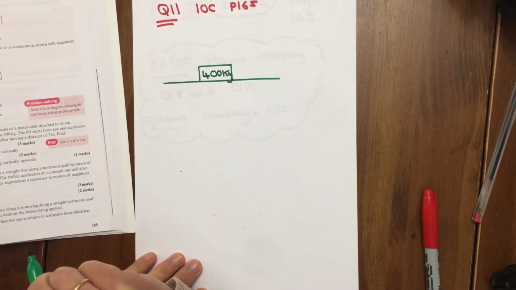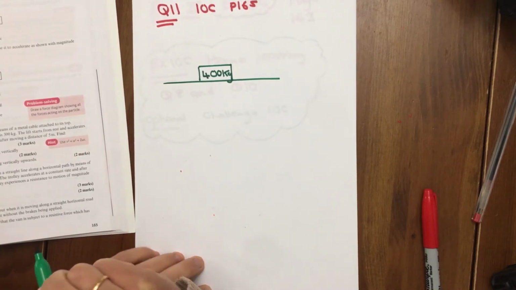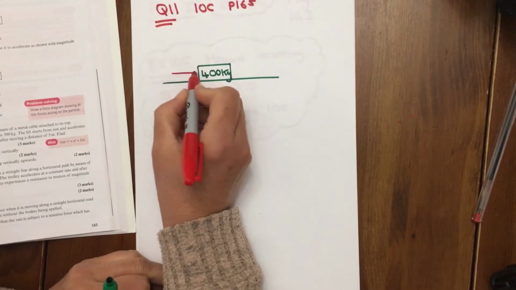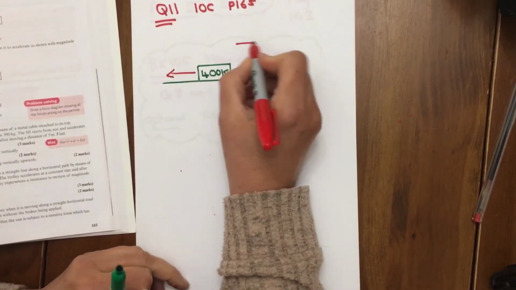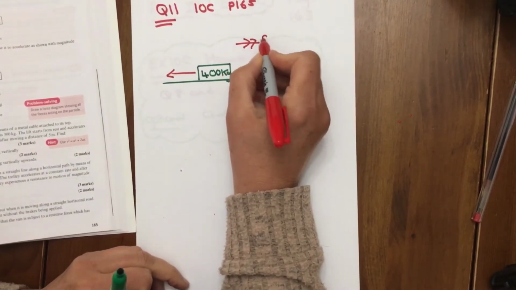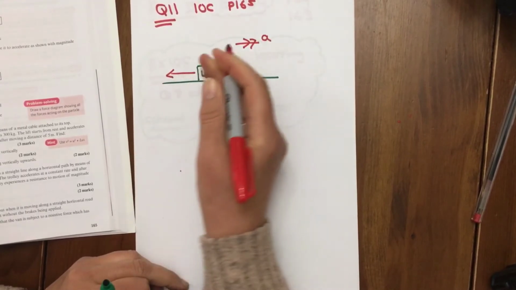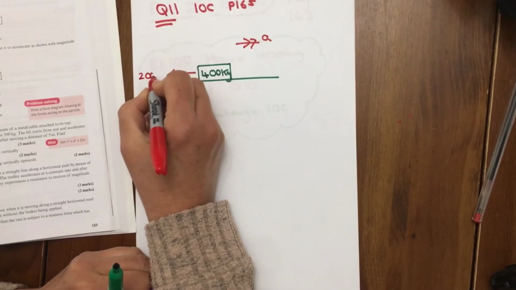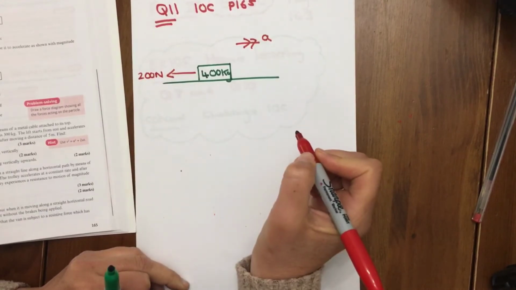The van comes to rest without the brakes being applied. In a model of the situation, it's assumed that the van is subject to a resistive force. So if I'm going to say it's accelerating this way, and the resistive force, it tells you in the question, is 200 newtons.